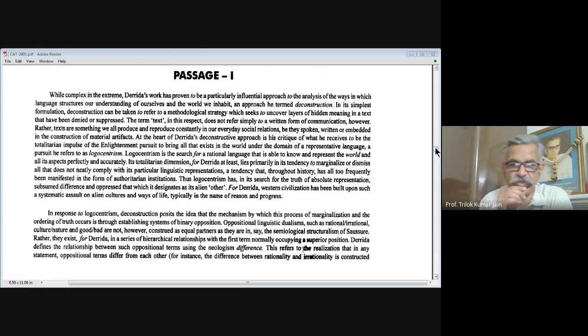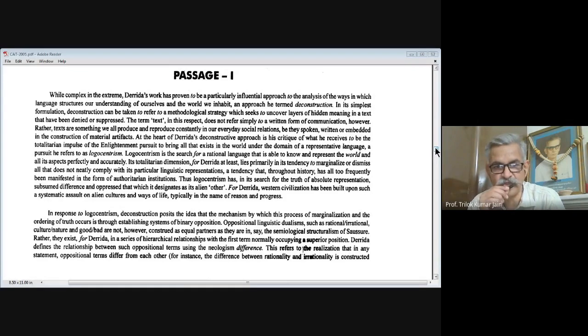Oppositional linguistic dualisms such as rational/irrational, culture/nature, good/bad are not, however, construed as equal partners as they are in, say, the semiological structuralism of Saussure. Rather, they exist for Derrida in a series of hierarchical relationships, with the first term normally occupying a superior position.